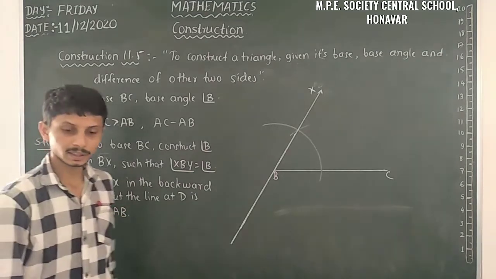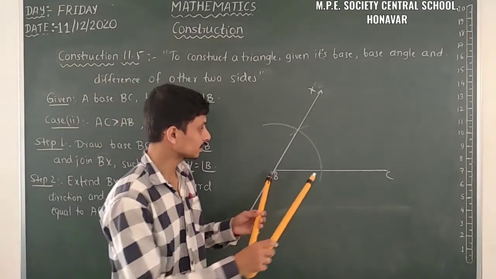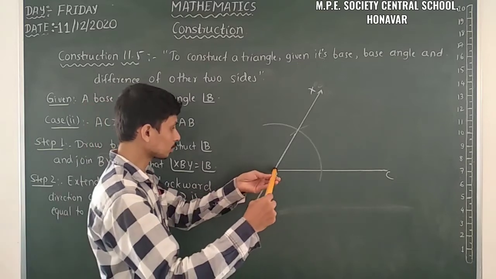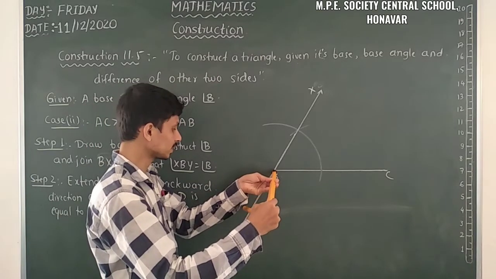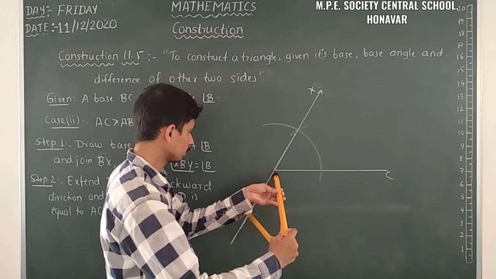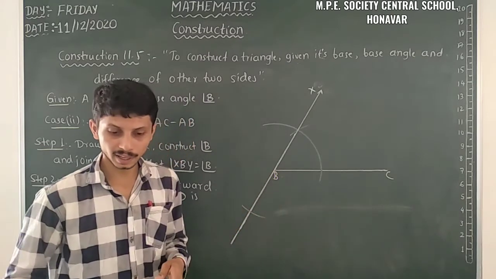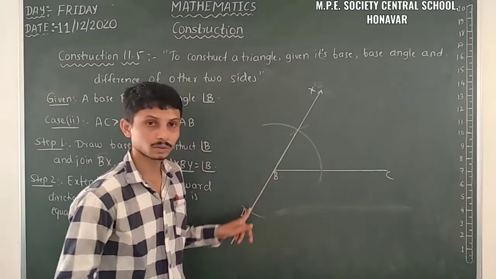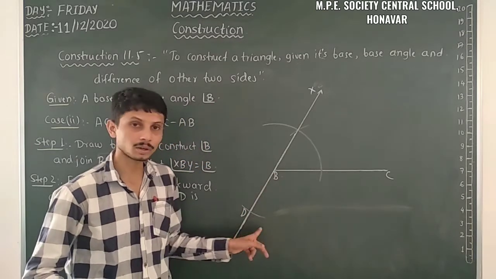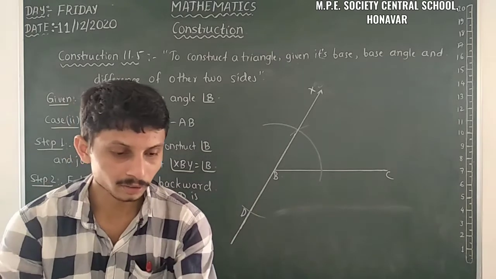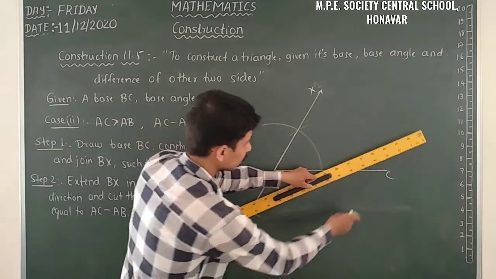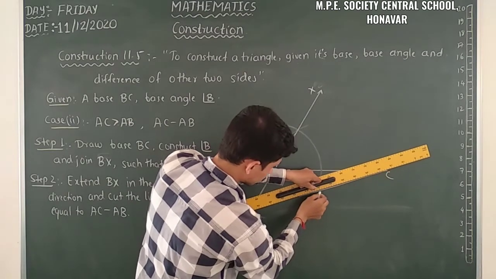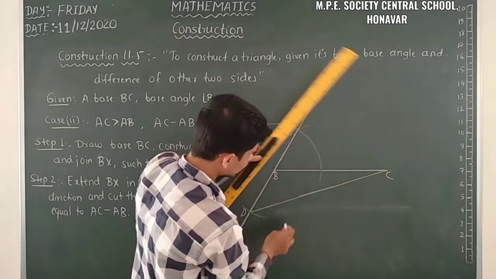That means we have to take a length of AC minus AB and cut it here. Taking B as the center, we cut this line at the point D. So from B you take the length BD here. Then we follow the same procedure. Let's take DC, so you can join DC here.